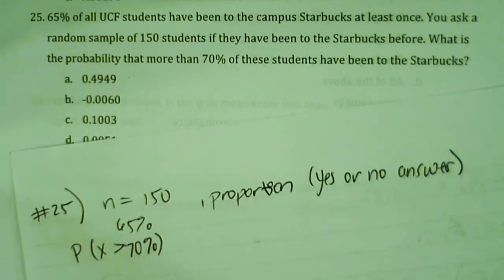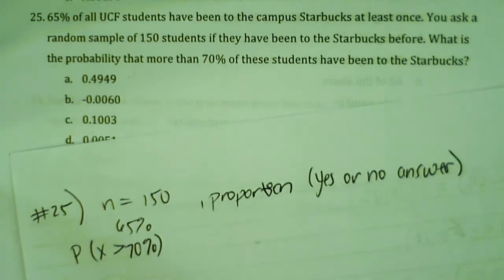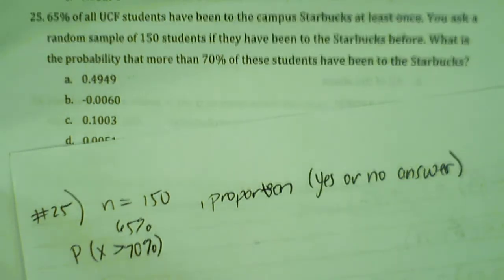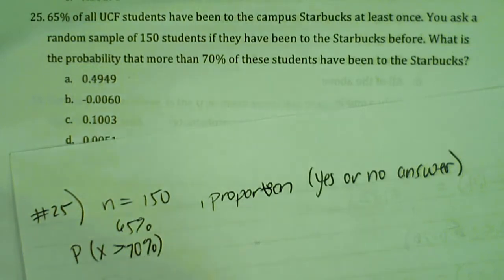I was just trying to picture it. So it's greater than. It's asking for the probability of more than 70%. Okay, so this is a backwards kind of thing, right?